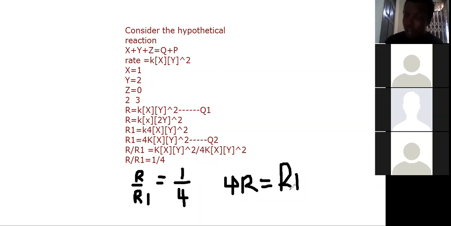So when Y is doubled, the entire rate of reaction is quadrupled. Let me put it that way, it increases in 4 folds.